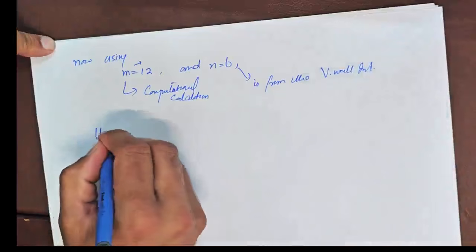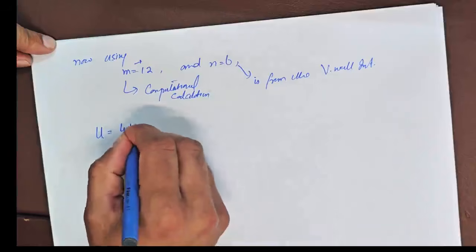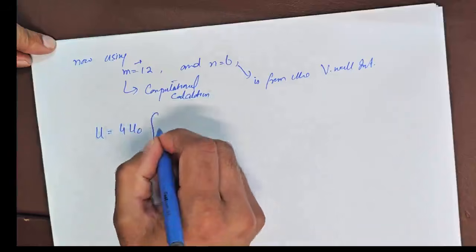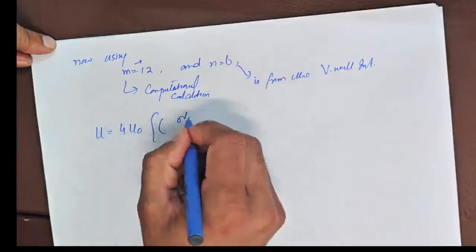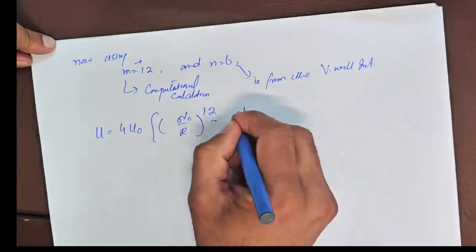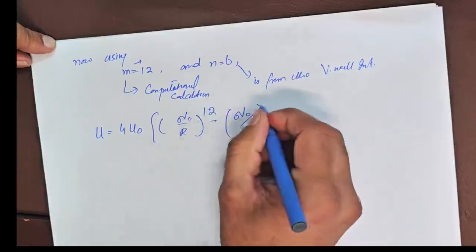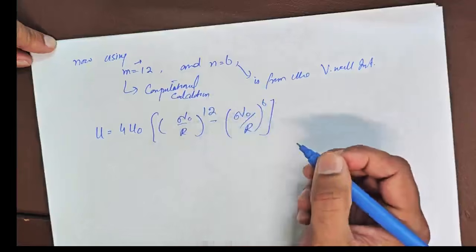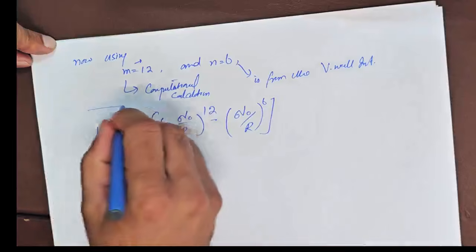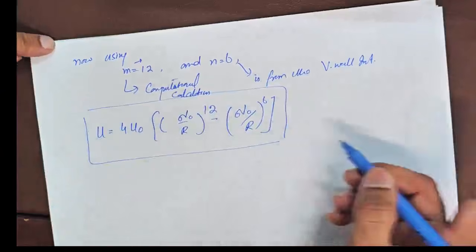By putting these values, the potential turns out as 4 u naught, sigma naught by r to the power 12 minus sigma naught divided by r to the power 6. This is the general standard equation of the LJ potential.